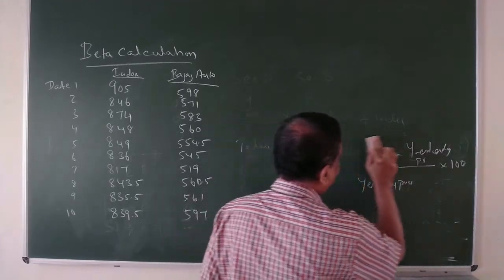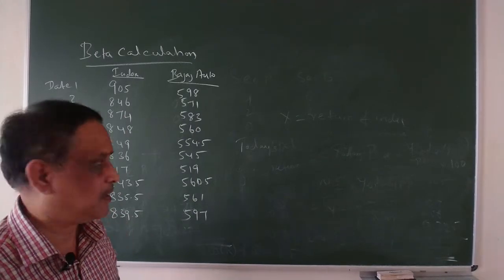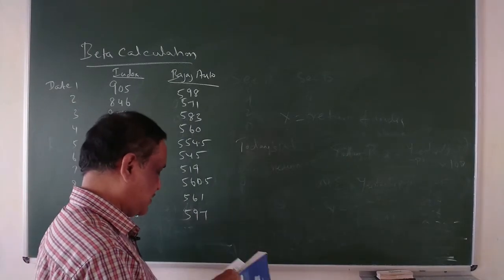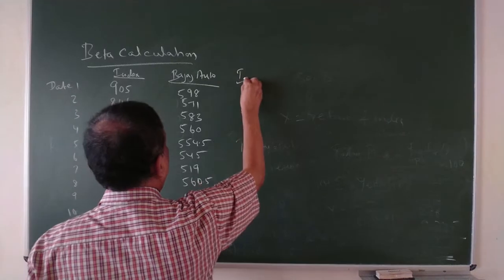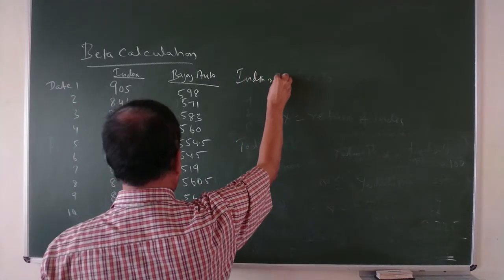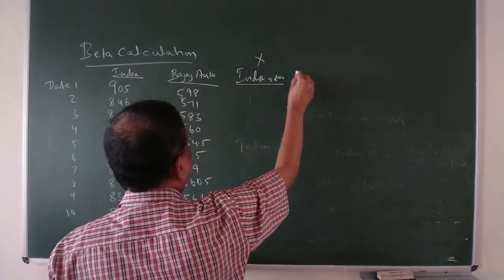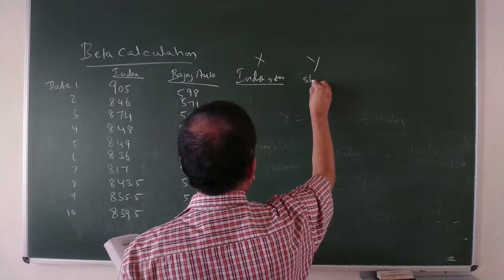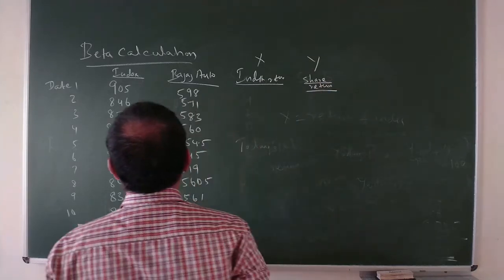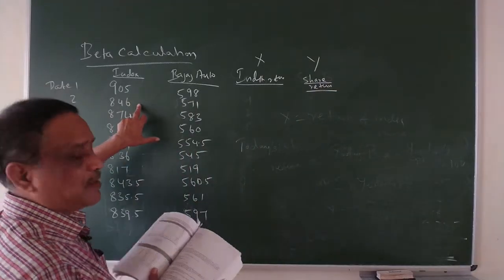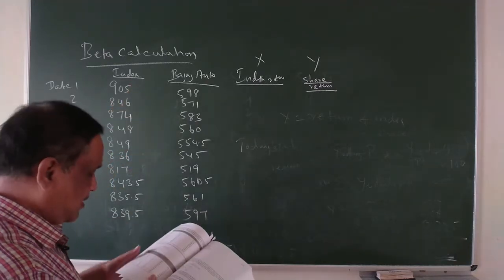So, x is the index return, y is the share price return. Okay. So, you can have a table like this. Next, you take it as index return, and this is x and this is y, share return. Okay. So, index return will be first for the first date 846 minus 905 divided by 905.